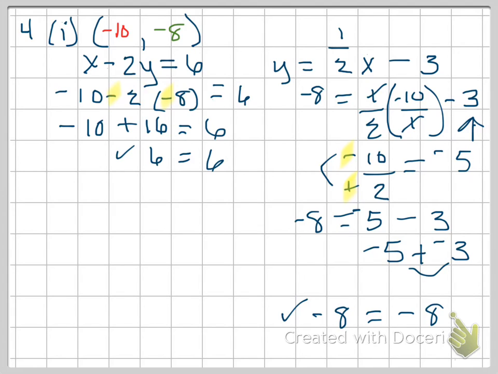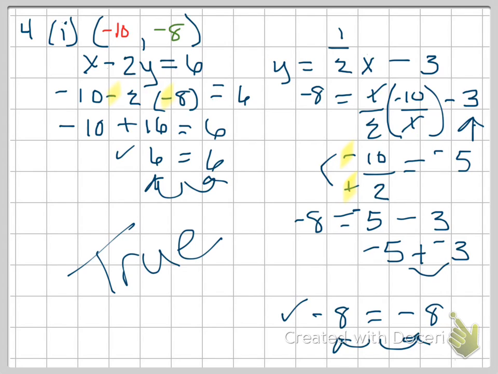So it is true, both sides of the equation are equal. So the question is, do the ordered pairs of the simultaneous equations, are they true? Well, if we end up with both sides being equal, then it's true.